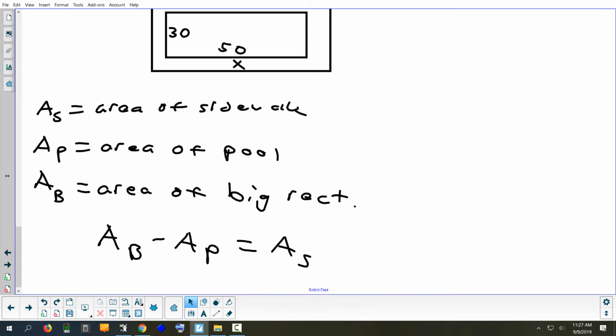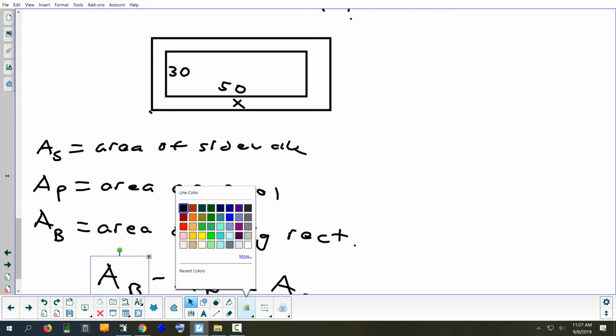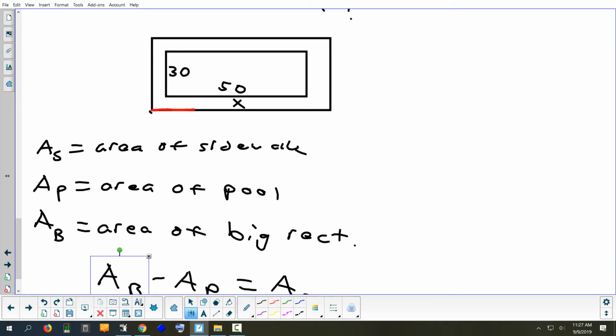Okay. So let's start with the hardest one, the area of the big rectangle. What's the formula for area of a rectangle? Length times width. So I need to know what the length is of that. It's 50 plus 2x. Yep, it's 50 from here to here, and then there's a little part there that's the sidewalk and a little part there that's the sidewalk.